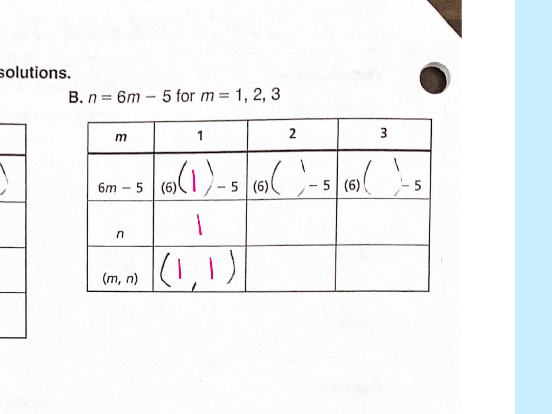For 2, we plug in 2 for m. 6 times 2 is 12, minus 5 is 7. So we've got the ordered pair when m is 2, n is 7. And then we have an m value of 3. So we plug that in, and we get 6 times 3 is 18, minus 5 is 13. So we get when m is 3, n is 13.